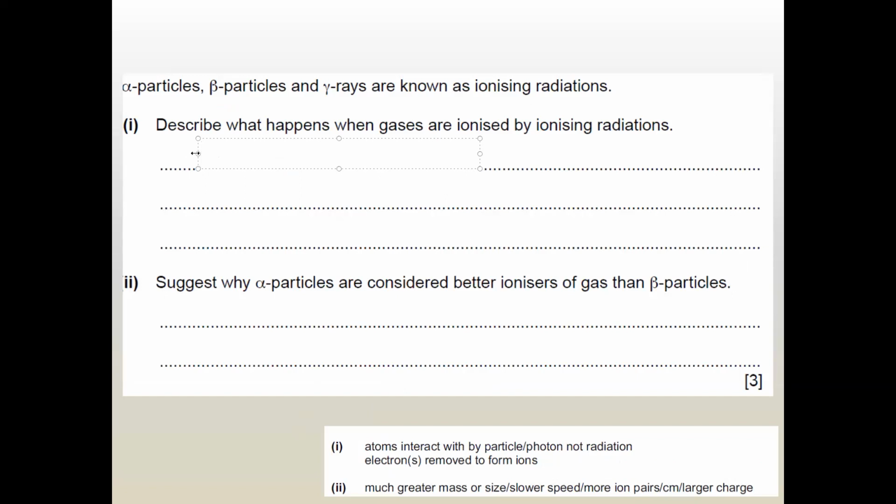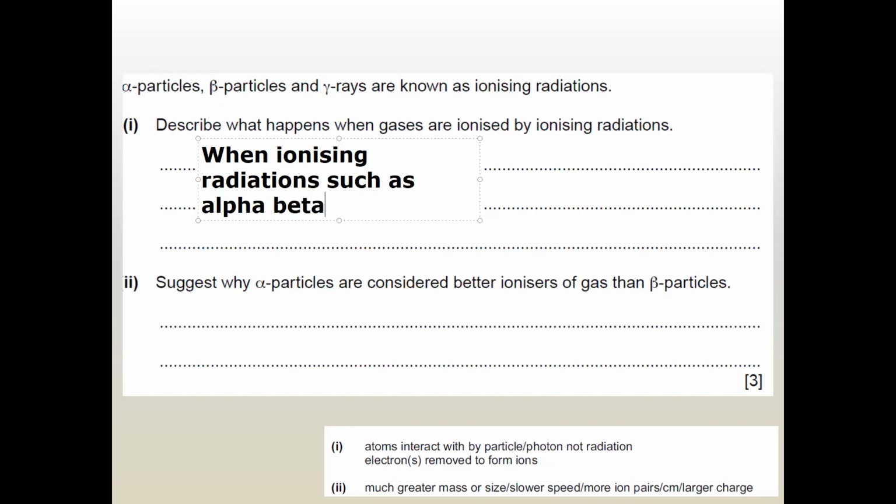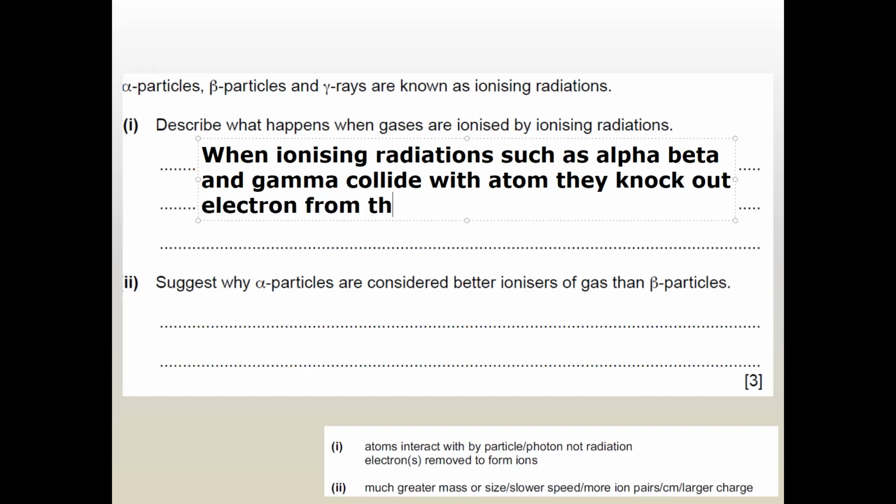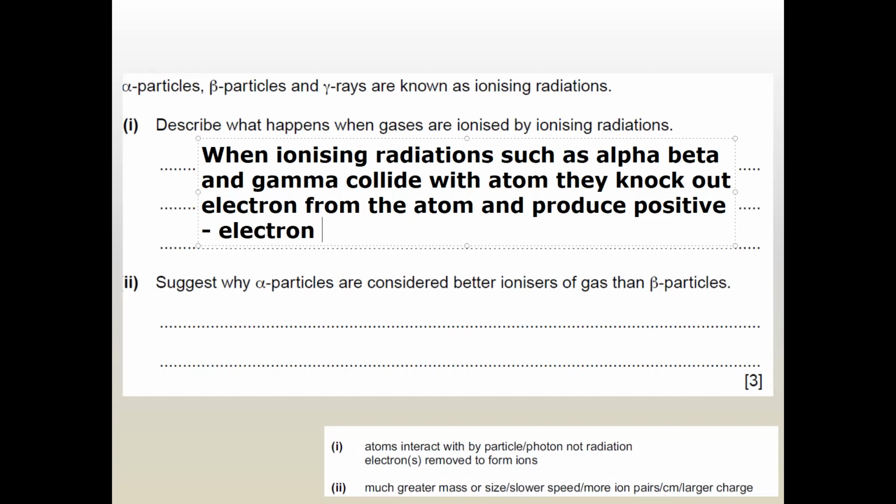When ionizing radiations such as alpha, beta, and gamma collide with an atom, they knock out the electron from the atom and produce a positive ion and electron pair.